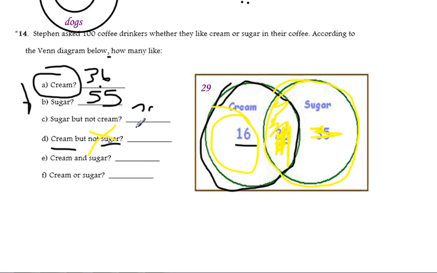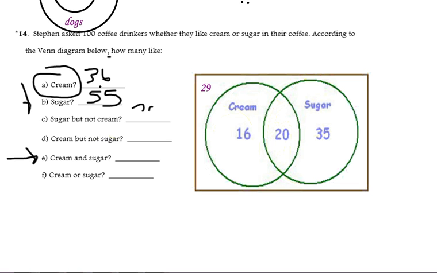The next scenario is we want cream and sugar. So that's the conjunction of the two intersecting circles. Okay, so what we want to do is figure out how many are inside the cream circle and inside the sugar circle. So here's your cream circle.